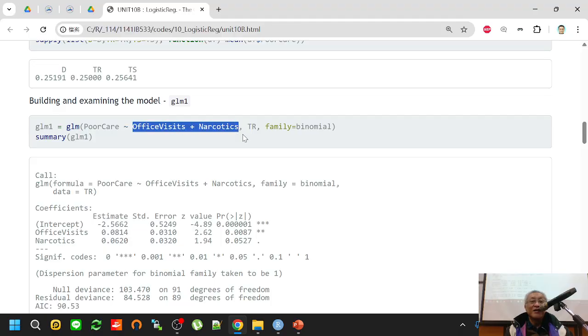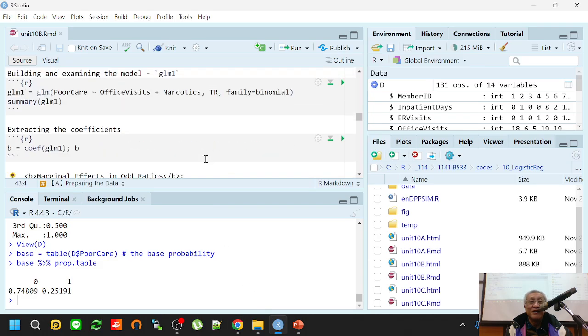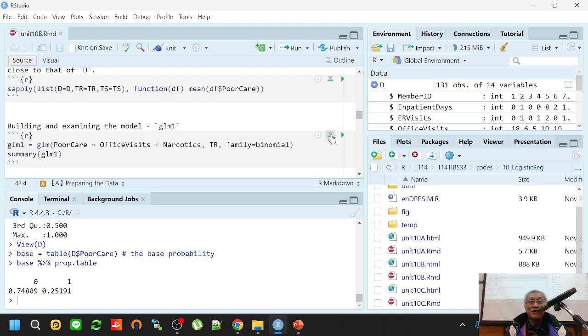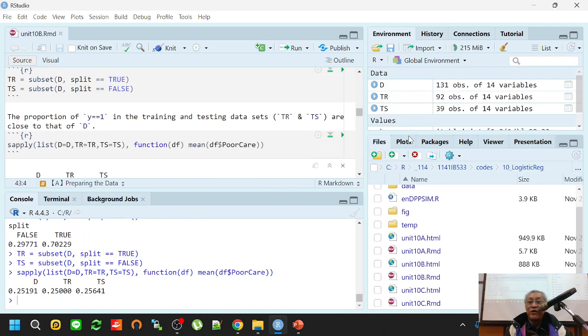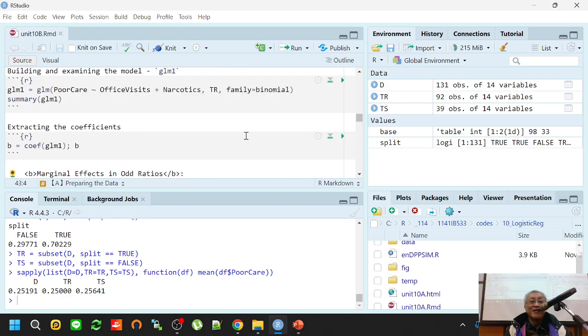And I'm using TR instead of D. After I do this, I will have three data sets: this is the full data, this is the training data, and this is the testing data. When I do the modeling, I only use the training data.